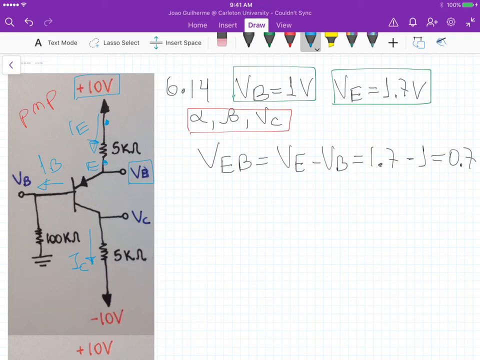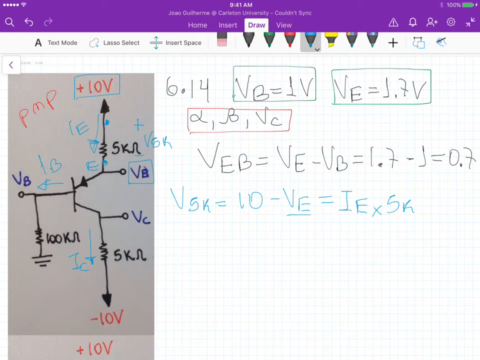This voltage V5K is equal to 10 volts minus VE, and that's equal to the emitter current times those 5K ohms.